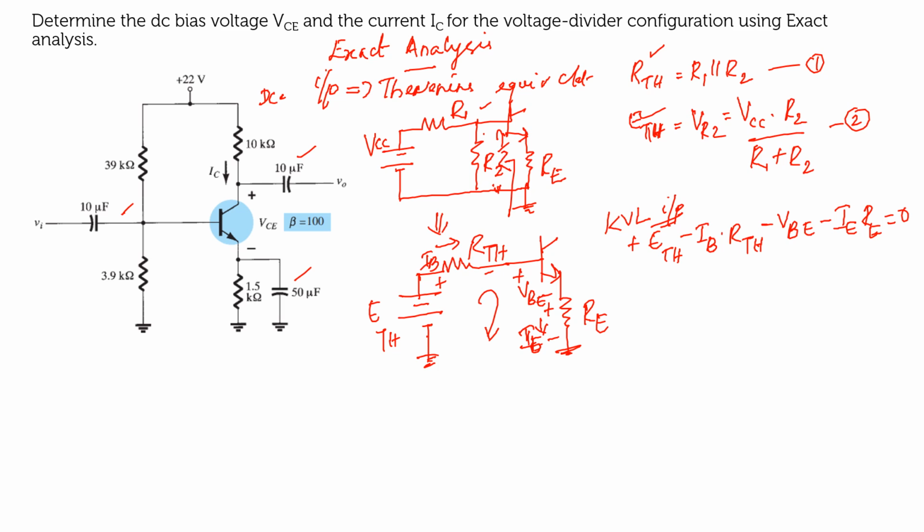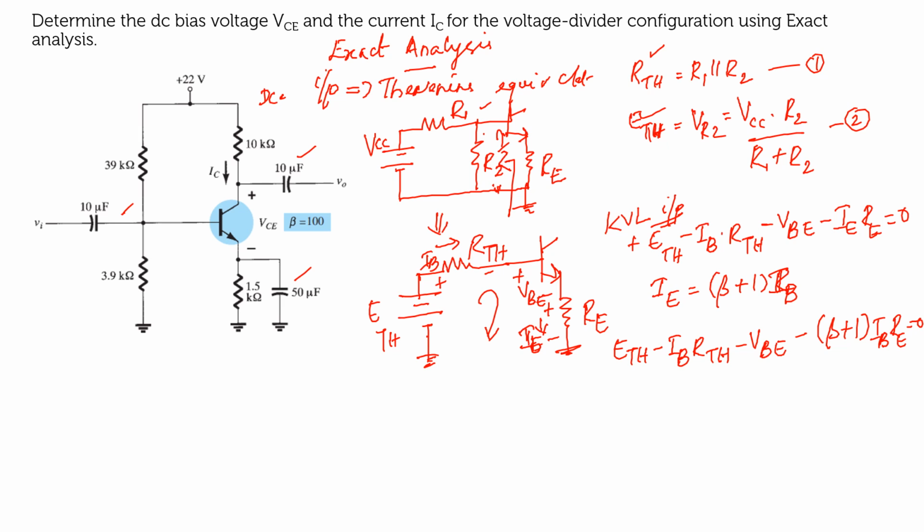As we have seen in the previous case, what is the relationship between IE and IB? You know that IE is equal to beta plus 1 into IB, right? When you substitute this in the above equation, you will get ETH minus IB into RTH minus VBE, and instead of IE, I substitute beta plus 1 into IB into RE, equal to 0.